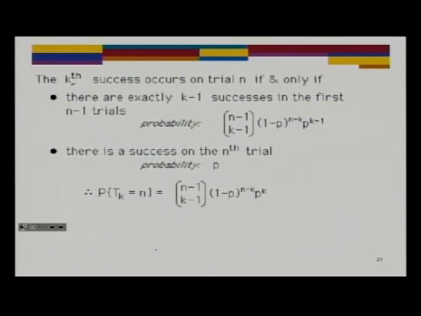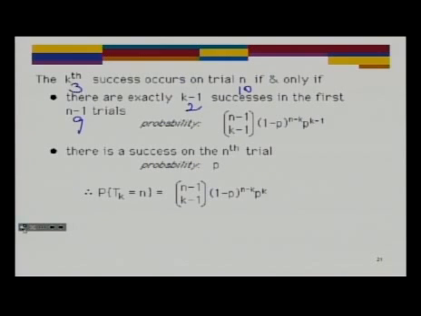The third success occurred when? On trial number 10, right? If and only if there are exactly 3 minus 1, which is 2 successes, that occurred in the first 10 minus 1, which is 9 trials. Okay? That is true.